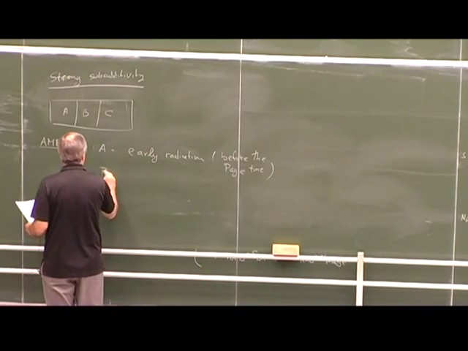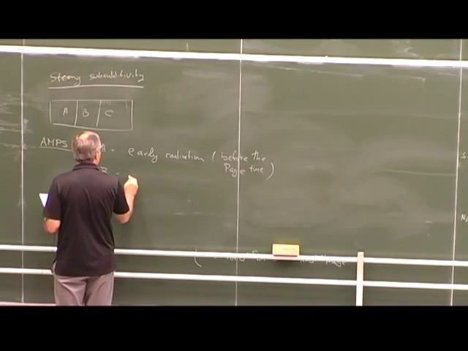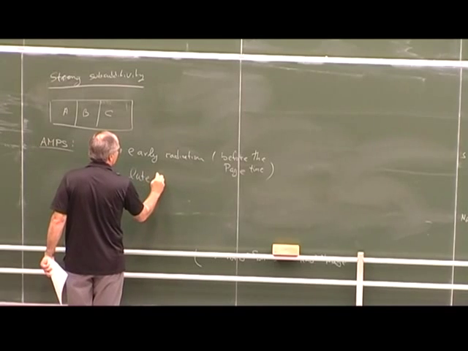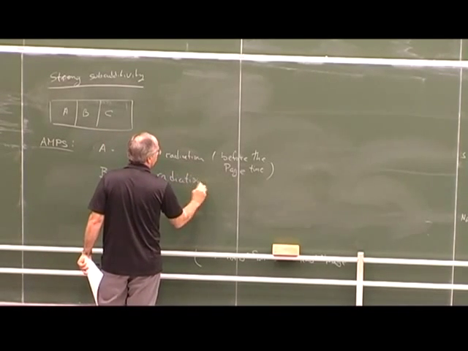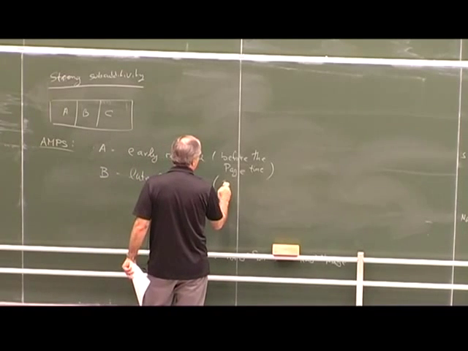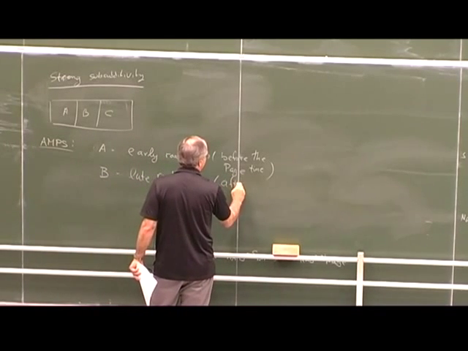B is the late radiation. So this one is after the Page time.